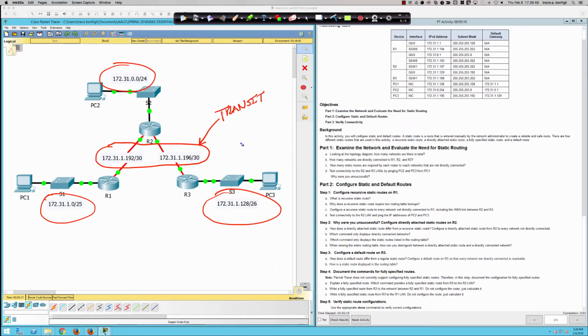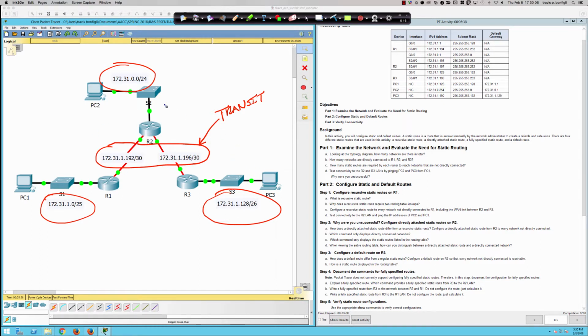And the reason that they're referred to as transit networks is that their sole existence is to provide transit for the data traffic, right? So PC3 pings PC2, or PC1 SSHs over to PC3.